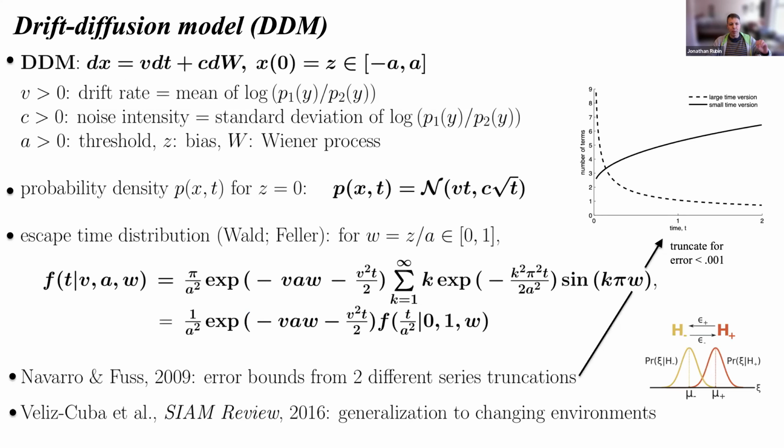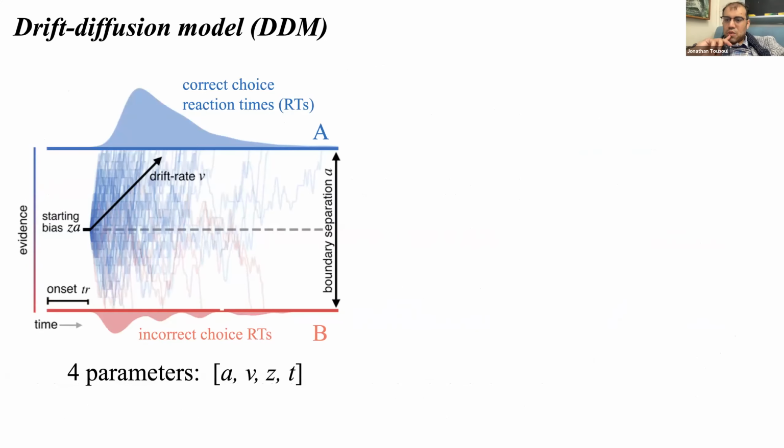And if you put that in the context of the DDM, that tells you the drift rate is determined by the signal, as Paul put it, and the noise intensity is related to the drift rate. That would be optimal.